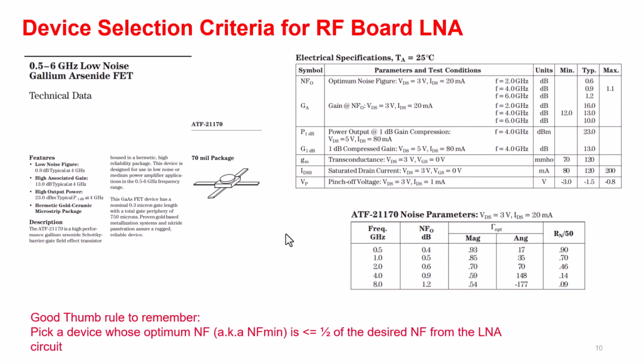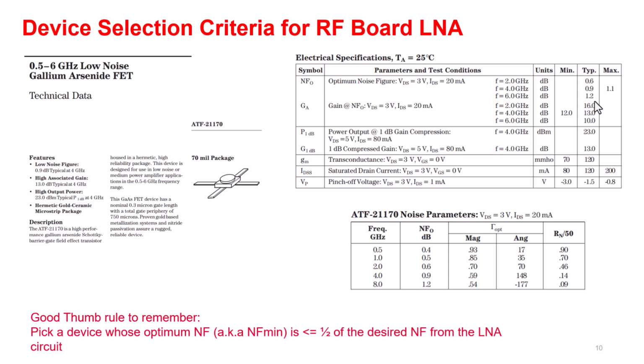Now, another important aspect to look while selecting any particular device to design your amplifier is your gain. As we just discussed, in the cascaded noise equation, gain of the amplifier helps you to reduce the overall noise figure of the receiver.